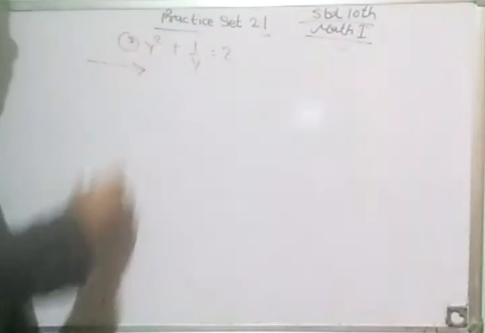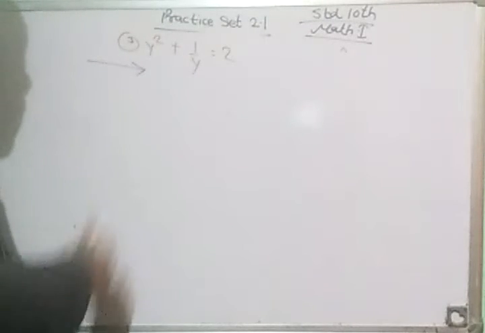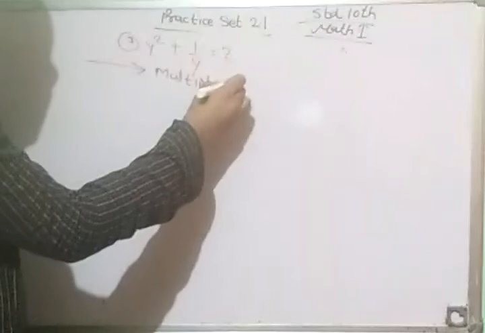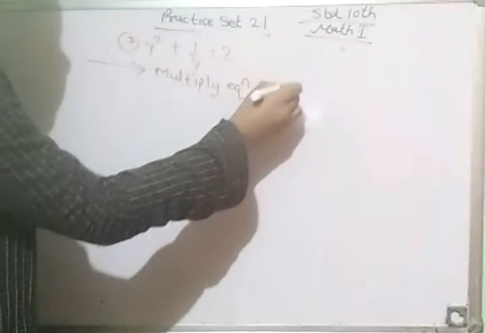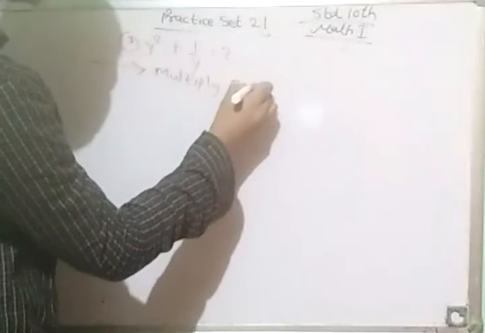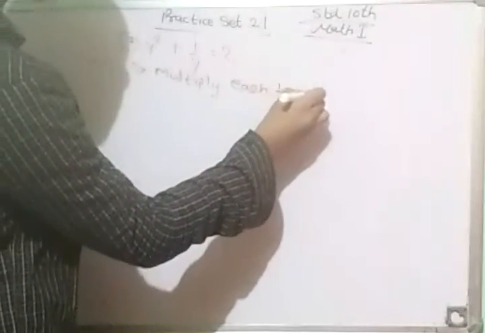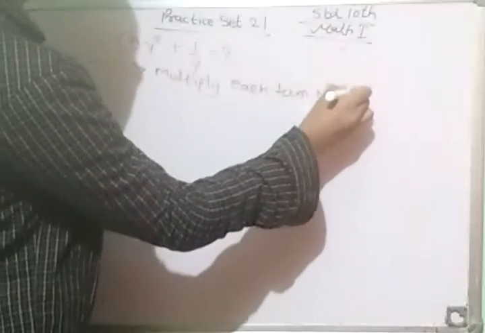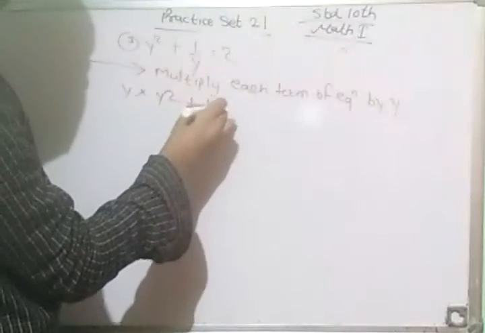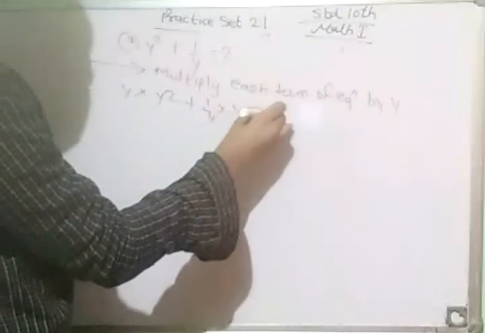Friends, this is an equation with a fraction, so we multiply each term of the equation by y. So y square into y plus 1 by y into y is equal to 2.